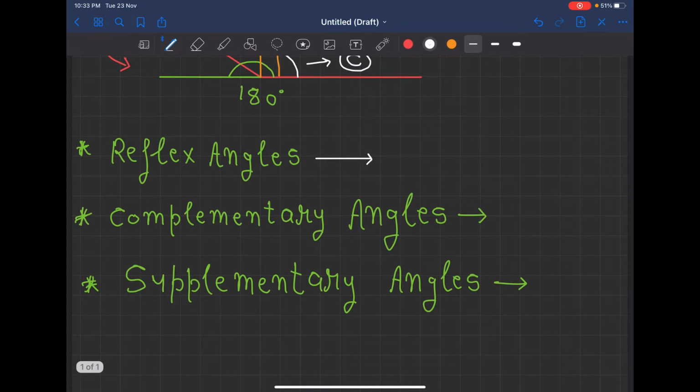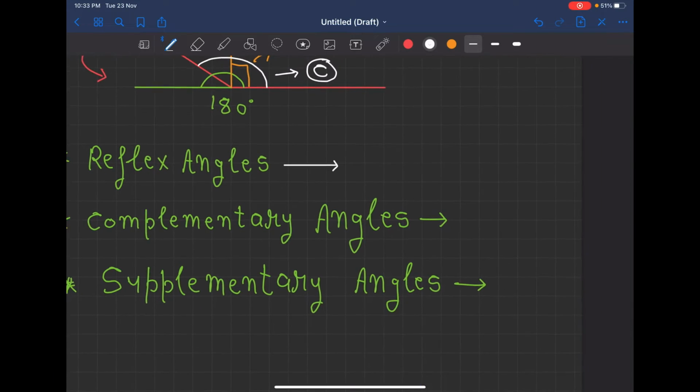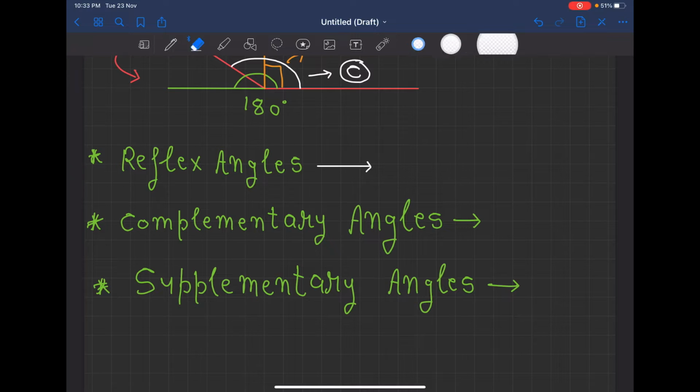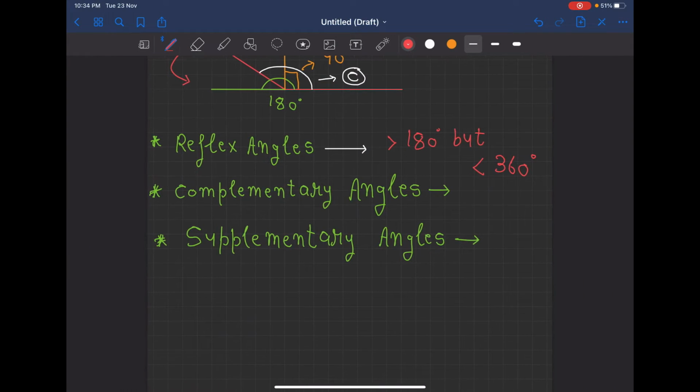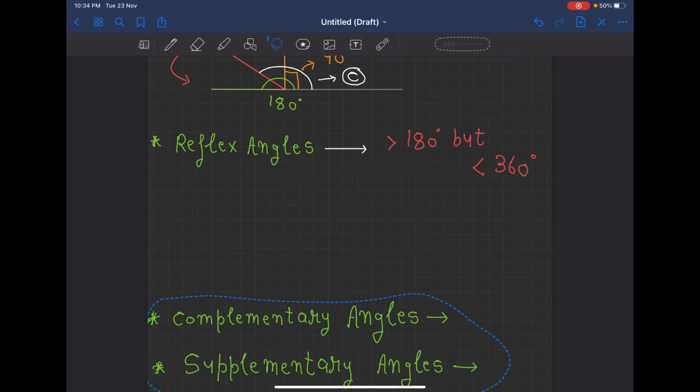Moving on to reflex angles. These are the angles which measure greater than 180 degrees but less than 360 degrees. What this really means is, let's see here one by one. Let me move this a bit down once again.